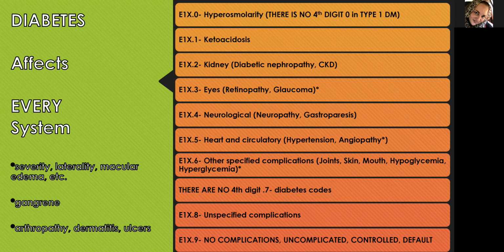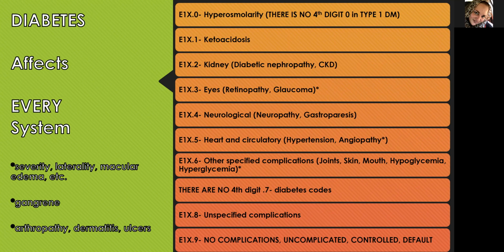But just like with the O24 codes, there's a pattern here. Regardless of the category block, so it could be E10, it could be E08, it could be any diabetes code, any type, right? I used E1X to say this is a generic diabetes code.